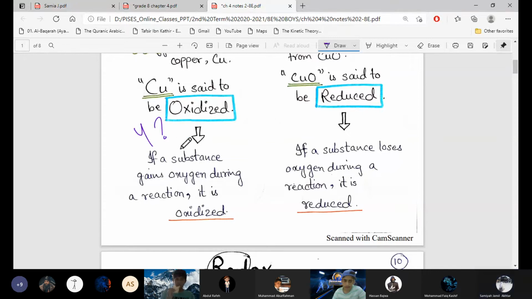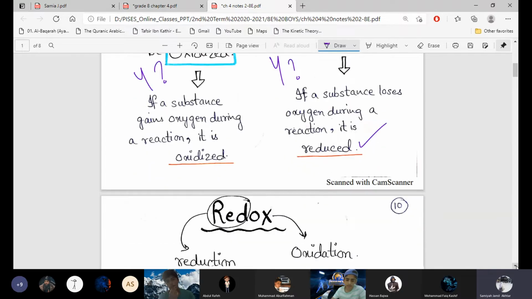Why? Because if a substance gains oxygen during a reaction, it is oxidized. Copper oxide is said to be reduced because if a substance loses oxygen during a reaction, then it is reduced. You already studied this.